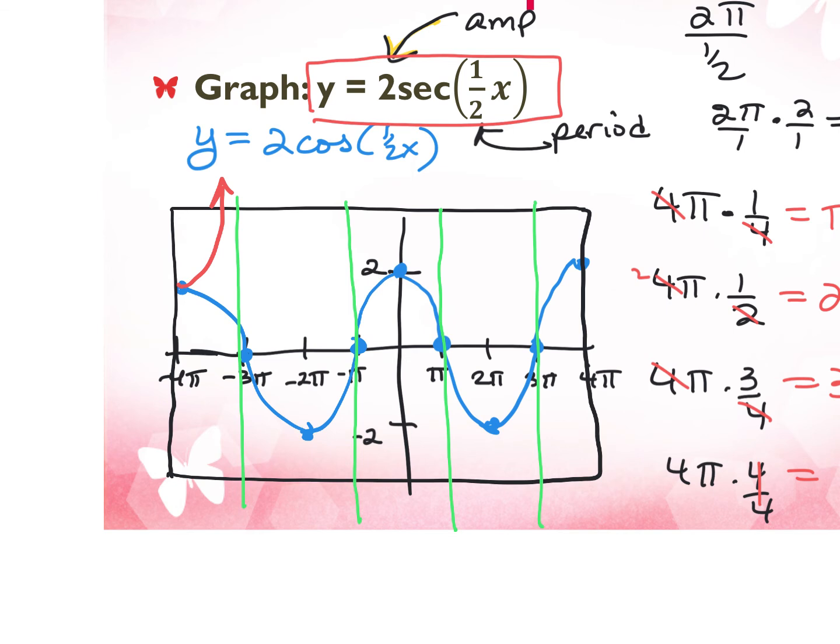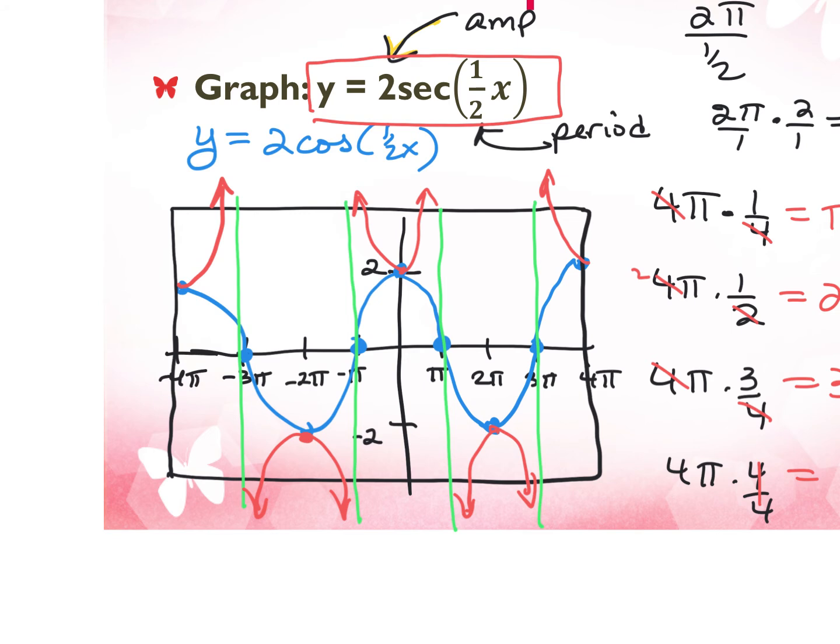Then down here at the minimum, make your parabola. Up here at the max, and again another minimum, and again only half of the U here. And this is your secant graph with an amplitude and a slower speed.